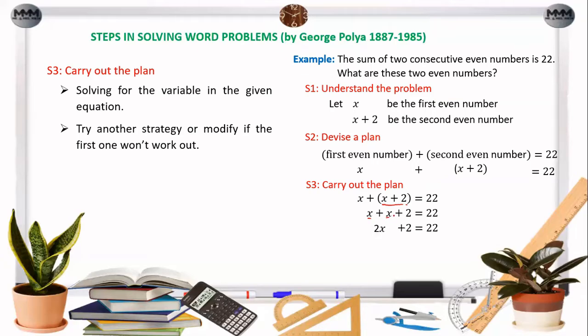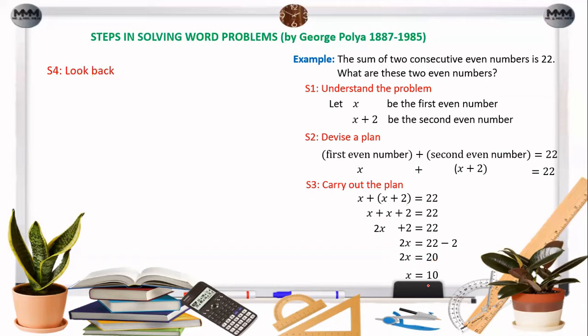Then copy the rest: 2x + 2 = 22. Then you move this 2 to the other side, so it becomes 22 minus 2. Then this becomes 2x equals 20. Then you divide both sides by 2 to isolate x. Hence we have x equals 10, since 20 divided by 2 is 10. So we're done in step number 3.